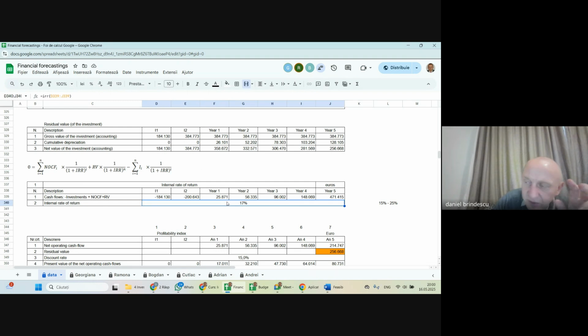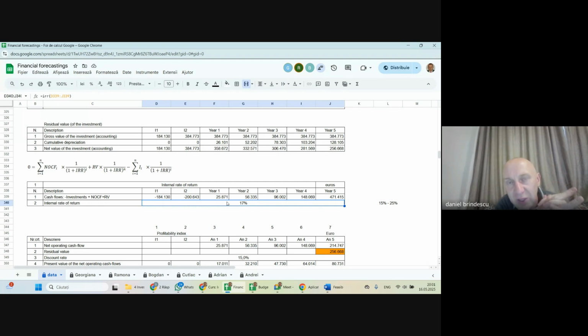The Excel or the Google Sheet file don't calculate the internal rate of return. They do it through many iterations. They start with a discount rate of 10% to see if they get to a net present value equal to zero. If the net present value is positive, they increase the rate, 11, 12, 13.